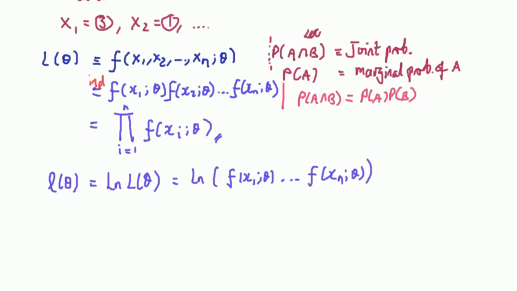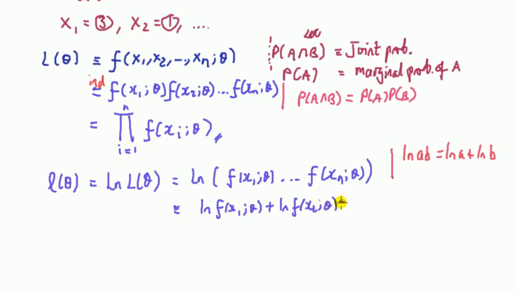Now we use this rule. Let's have a review. We know that the log of a product is equal to the sum of the logs. So this becomes log of f of x1 given theta, plus log of f of x2, plus dot dot dot, plus the final term, log of f of xn given theta.